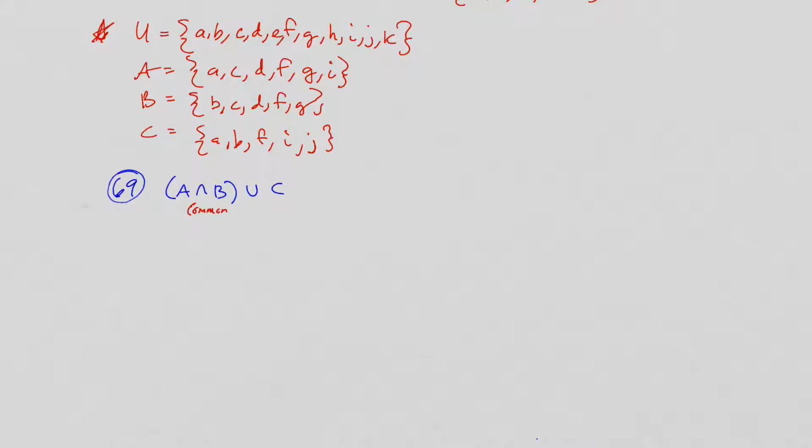What do those two have in common? Well, we look and we see they have C, D, actually all of this right here. So C, D, F, and G. Okay, that's what these two sets have in common. So we're going to write the elements in here. C, D, F, and G.